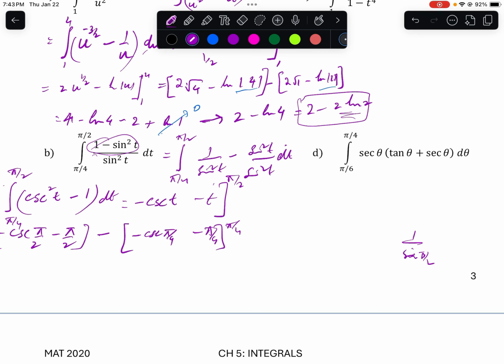So I get negative 1 minus pi over 2 minus negative cosecant pi over 4. Remember, it will be 1 over sine of pi over 4. What is sine of pi over 4? Root 2 over 2.